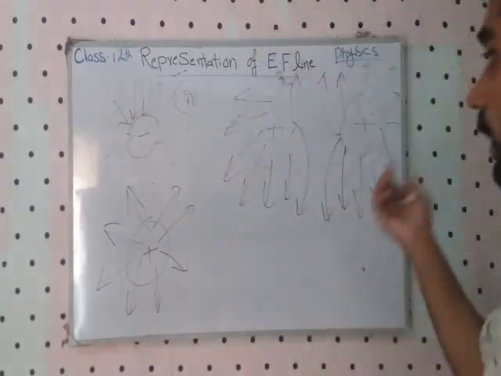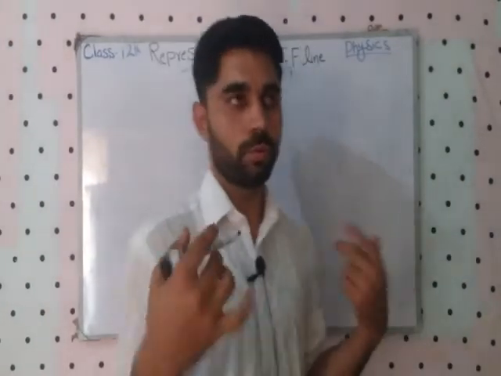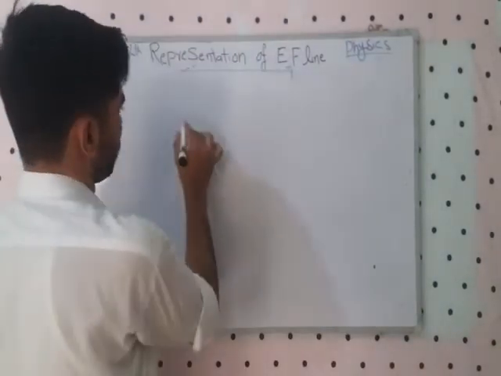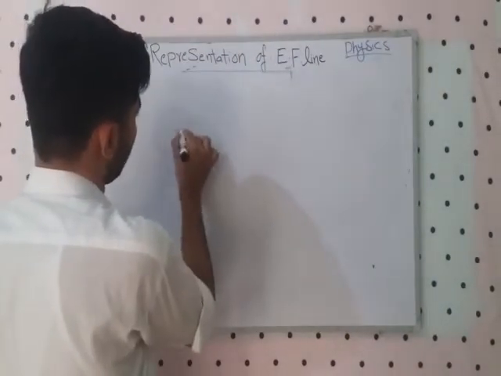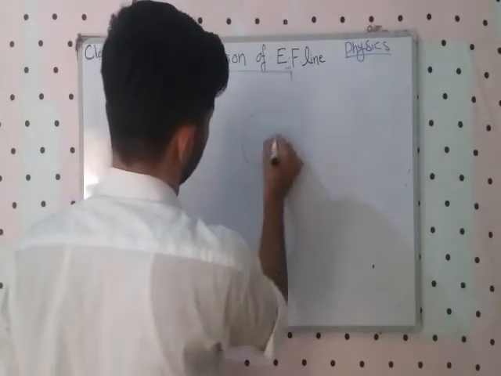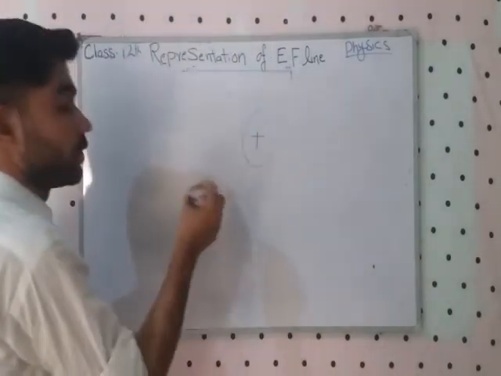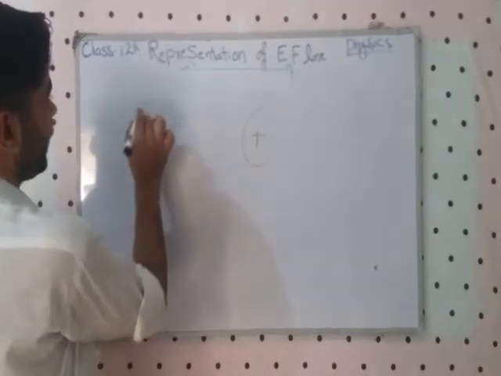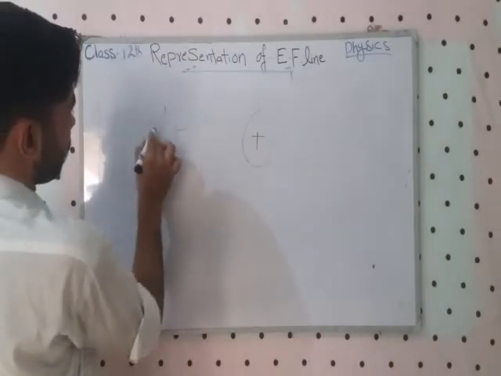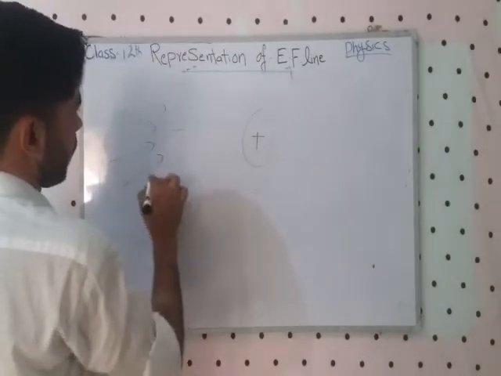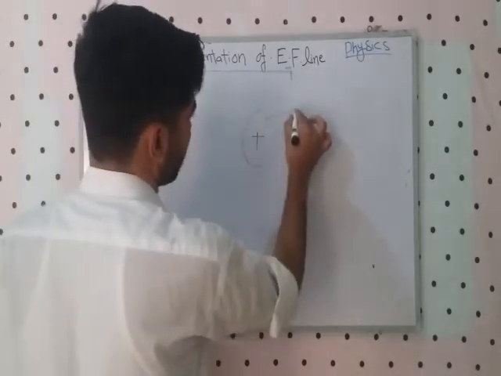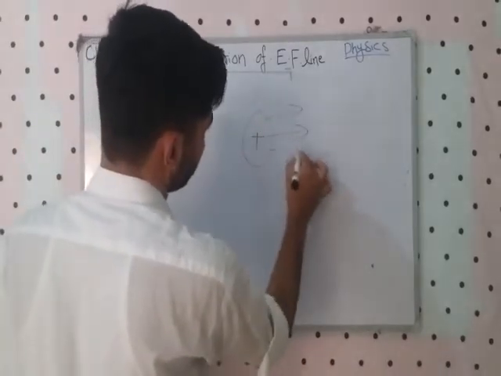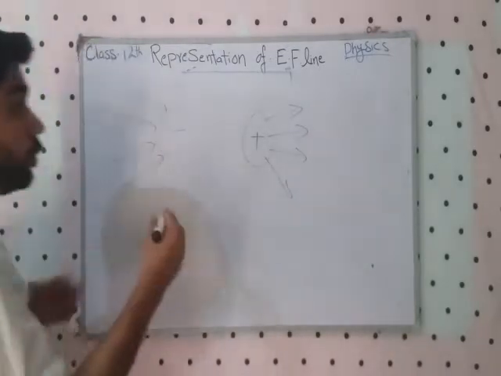We take two opposite charges. For example, one is negative charge and the other is positive charge. As we know, the arrow direction for negative will be toward the charge, and for positive the arrow direction will be away from the charge.